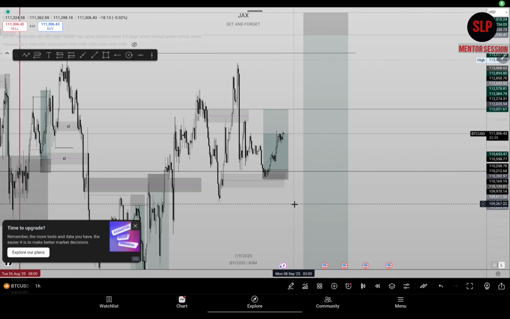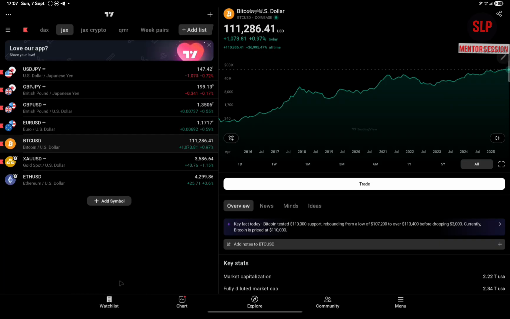Before I start the video, I'll introduce my pairs. What kind of pairs do I trade? I trade 7 pairs. I used to trade 5-6, but I added Ethereum because Ethereum has a good spread on my profile compared to BTC. Theoretically I'm trading 7 pairs, but I don't really trade that many, because I don't really like trading Euro USD.